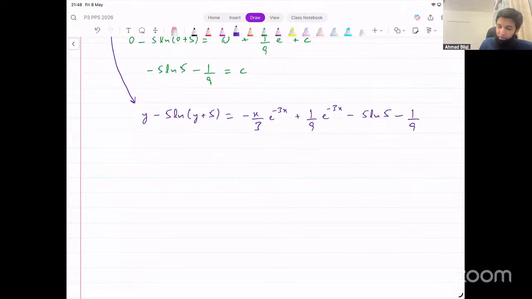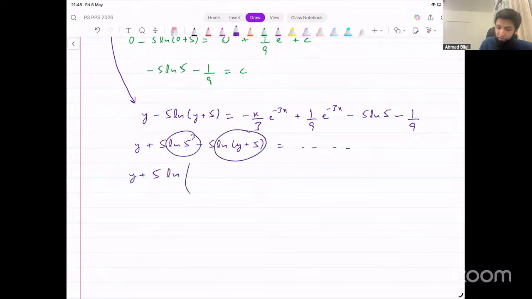Convert it to one single log term, bring it to the left side, and you can say this becomes y plus 5 ln 5 minus 5 ln of y plus 5. On the other side, you've got whatever there was. Take 5 common here, and then you have 5 into ln of, apply division law on this, 5 divided by y plus 5.